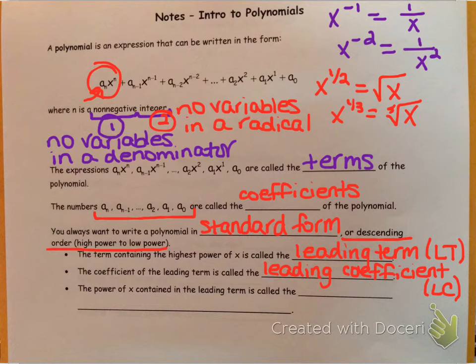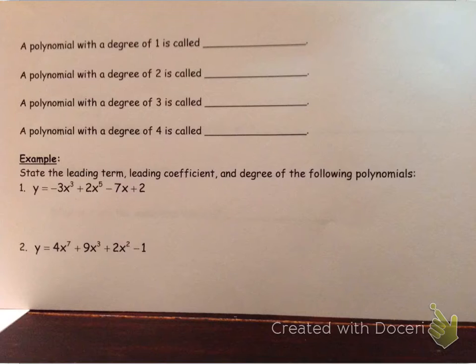And the power that's in that term gives you the degree of the polynomial. So it's going to tell you a wide variety of things about that polynomial. That leading term is incredibly important, which is why we wanted to lead our equation.